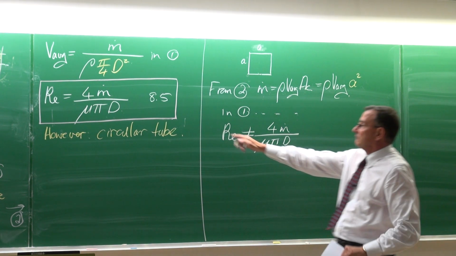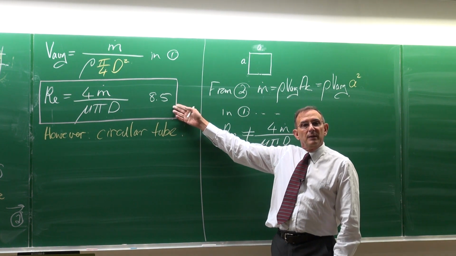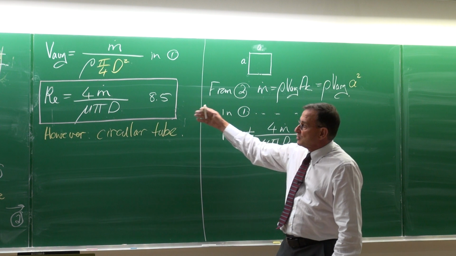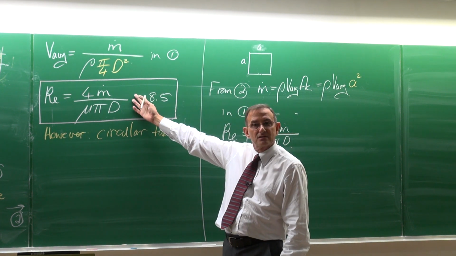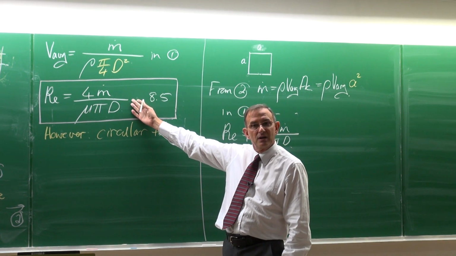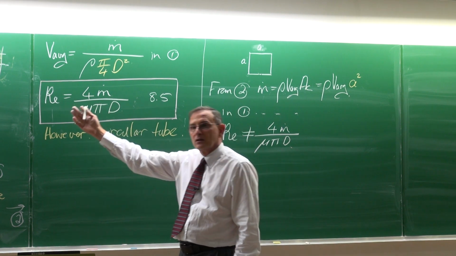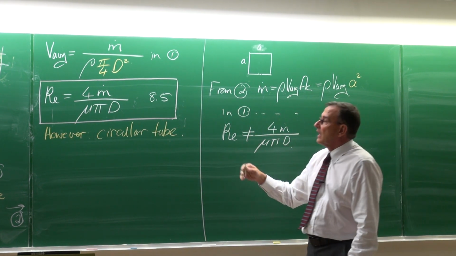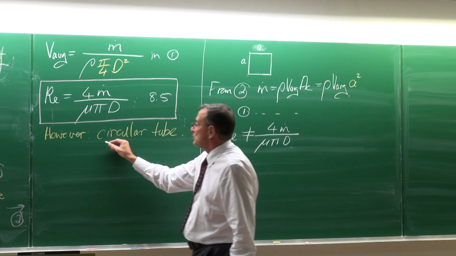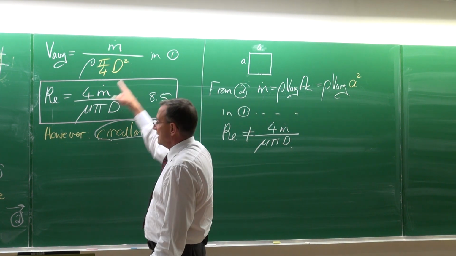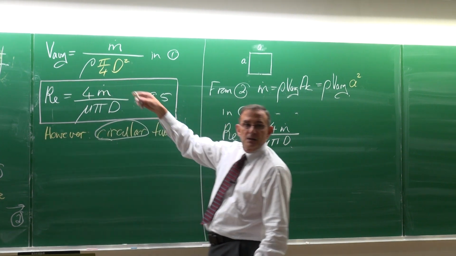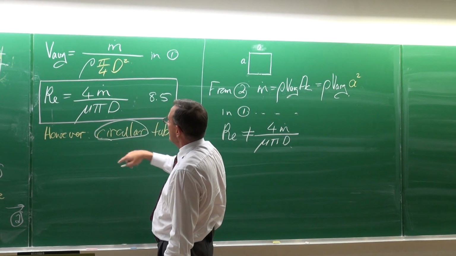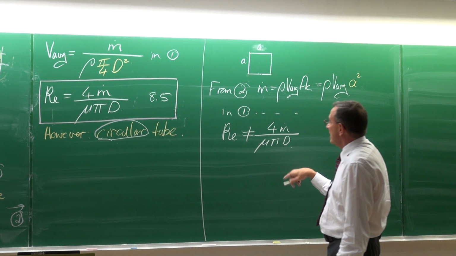This equation is very important. I would recommend that you put a marker or something there in your textbook. It's going to save you a few minutes in calculating the Reynolds number without the need of calculating the velocity, because we do not normally need the velocity. However, it's only valid for a circular tube. And there you can see the reason why. The cross-sectional area in this case is pi over 4 d squared.